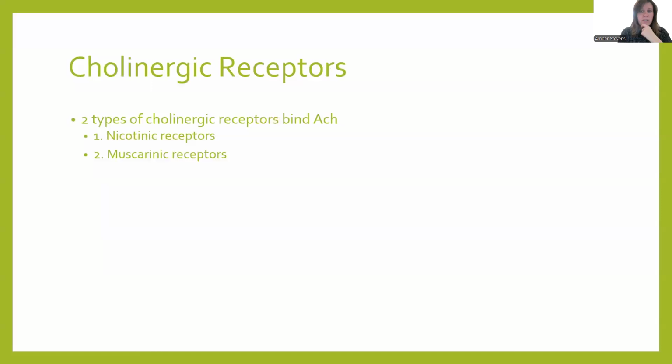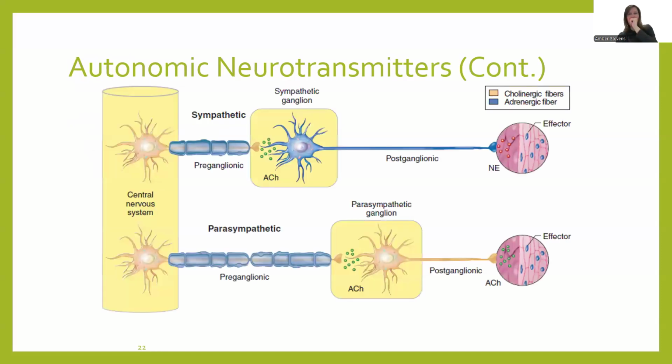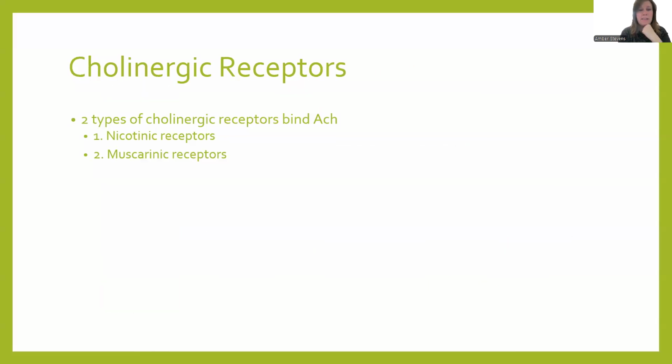Okay, so there are two types of cholinergic receptors that bind the acetylcholine. You have nicotinic receptors, which are always stimulatory, and they're found on postganglionic neurons.